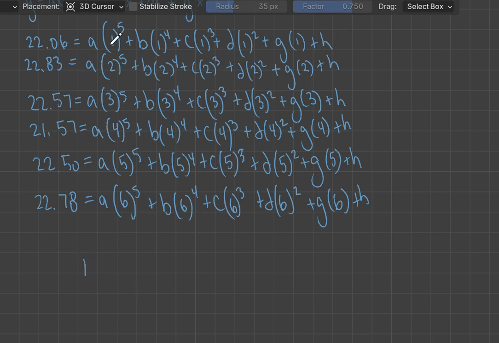I have 1 as the coefficient to a, and 1 is the coefficient of b, c, d, g, and h.